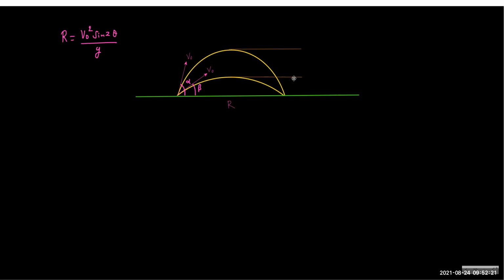And because they have the same range, the x components must also be different, because the range depends on both x and y components, and if one is different, the other must be different. Okay, so that is always there.